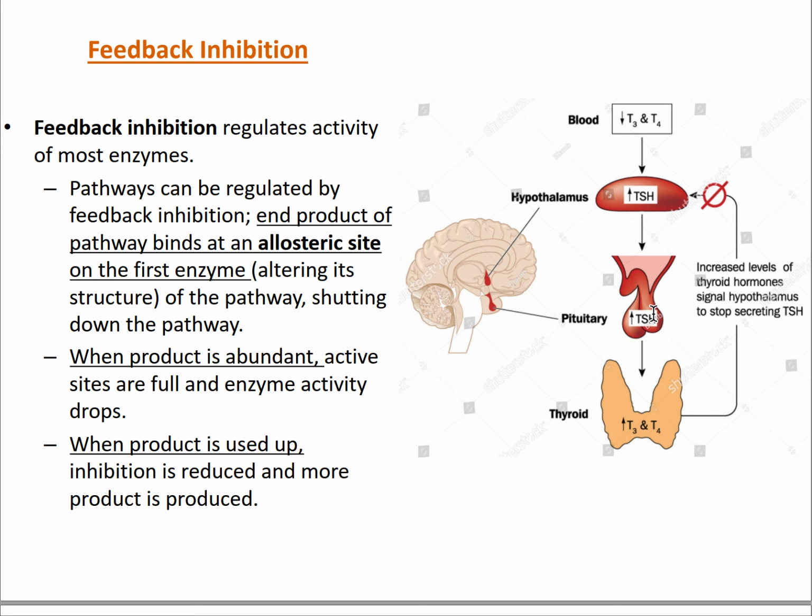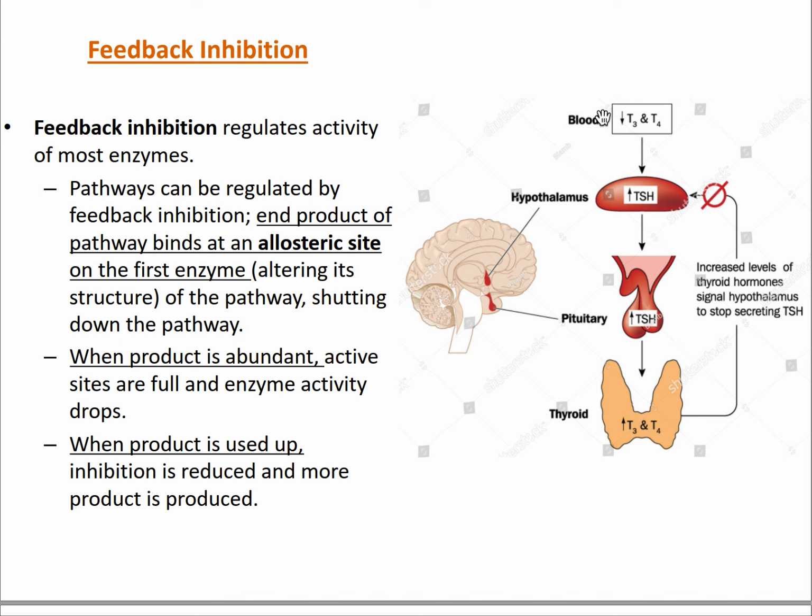Another type of inhibition is feedback inhibition. Feedback inhibition regulates the activity of most enzymes, where the pathway can be regulated by feedback inhibition. The end product of the pathway binds at the allosteric site of the first enzyme, altering its structure and shutting down the pathway.